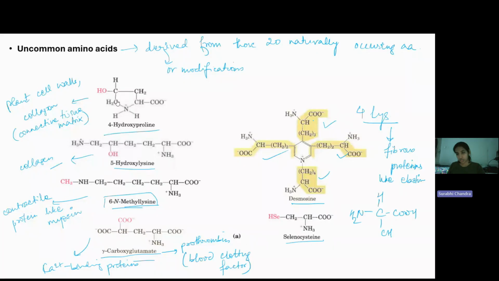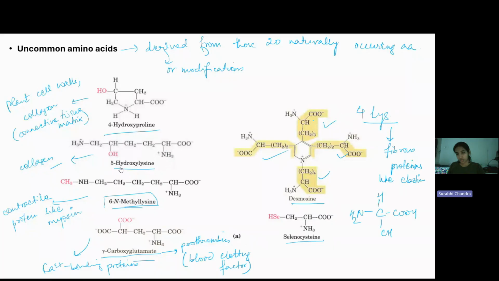Proline is already there, just with an addition of this OH group here. This uncommon amino acid, 4-hydroxyproline, is present in plant cell walls, in collagen, and the connective tissue matrix.